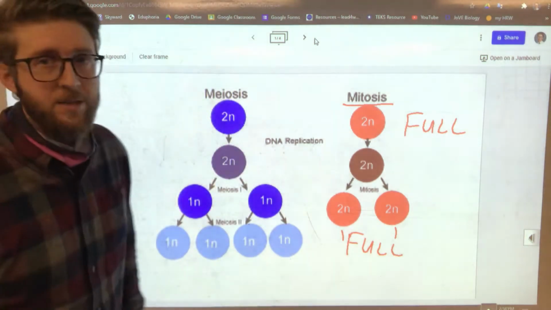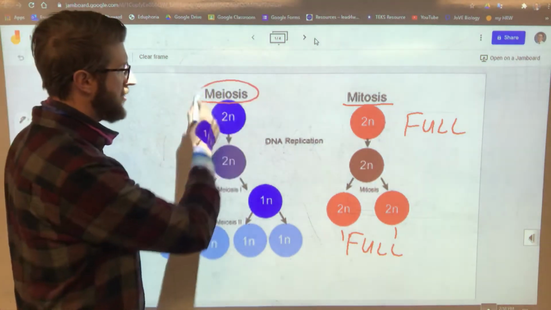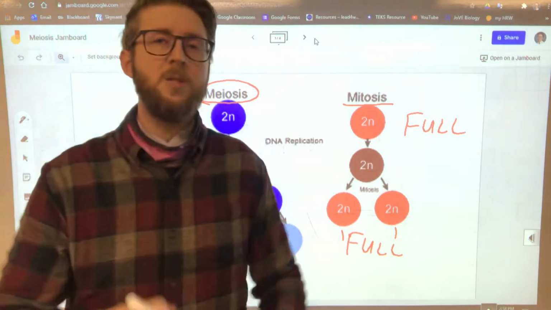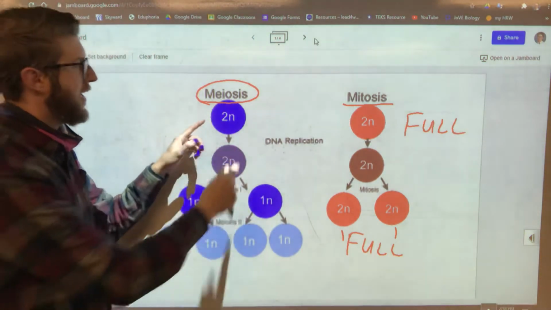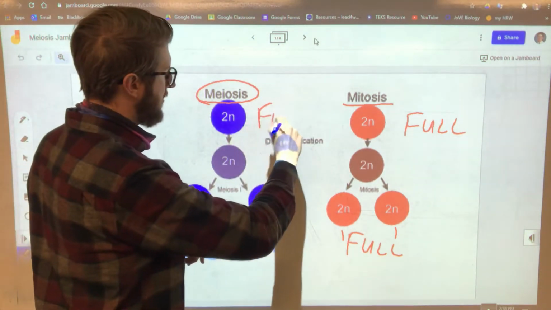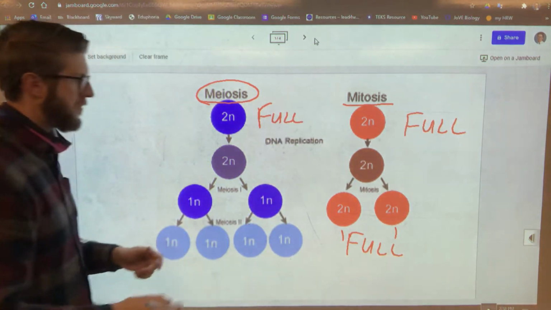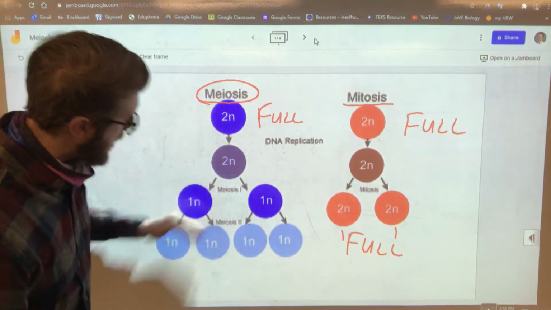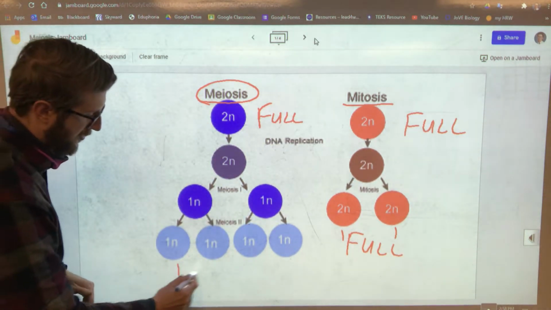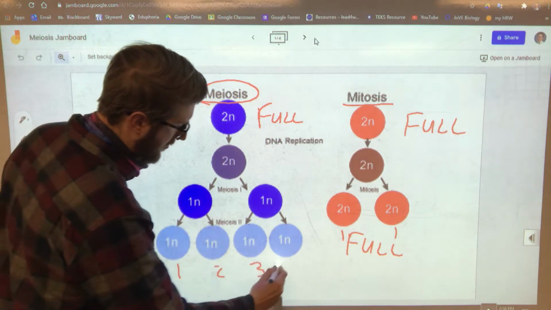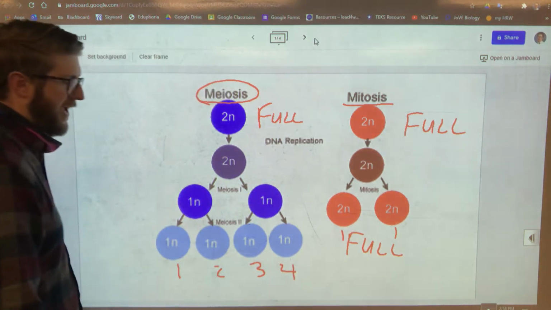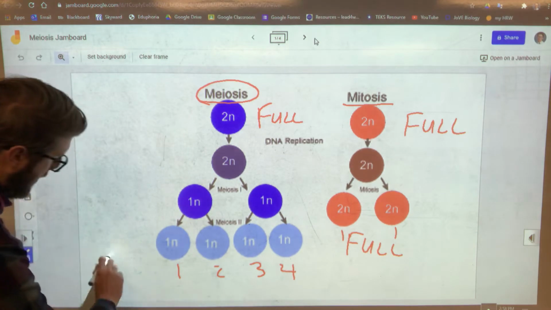Unlike what we're talking about today, which is meiosis. Meiosis is when you start off with one cell that has a full set of chromosomes, and you end with 4 cells, 1, 2, 3, 4, that have a half set of chromosomes.